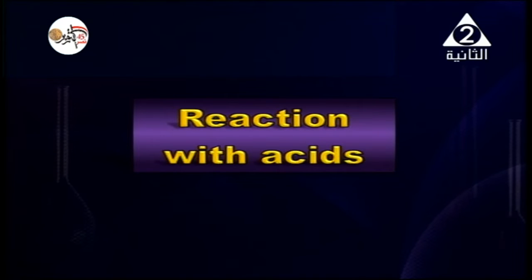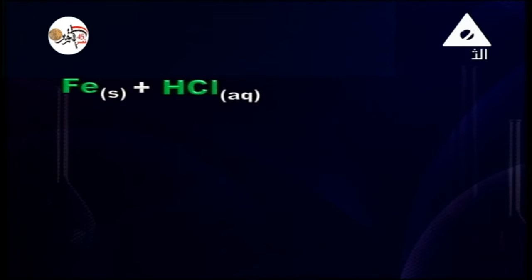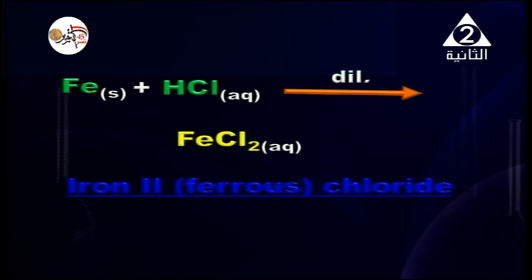The reaction of iron with acid. When iron reacts with dilute mineral acids, it forms an iron(II) salt and hydrogen gas. As the equation on the screen shows, iron plus dilute HCl gives iron(II) chloride and produces hydrogen gas, as the following animation shows.